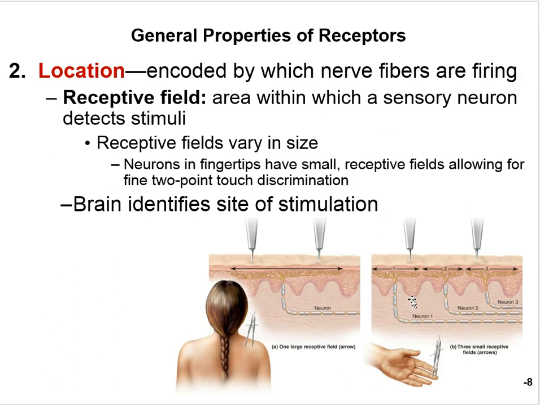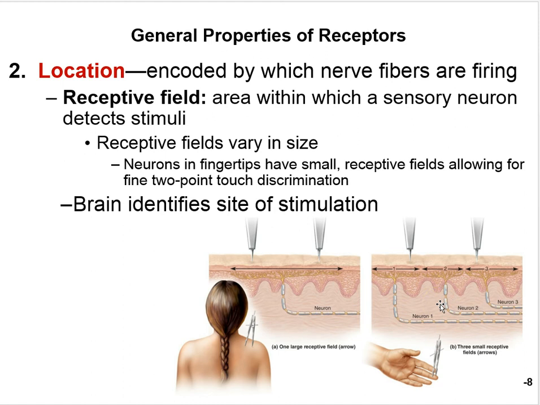Location. This is encoded by which nerve fibers are firing, and the brain identifying the site of the stimulation. For instance, in a skin demonstration here, we have what's called the receptive field.